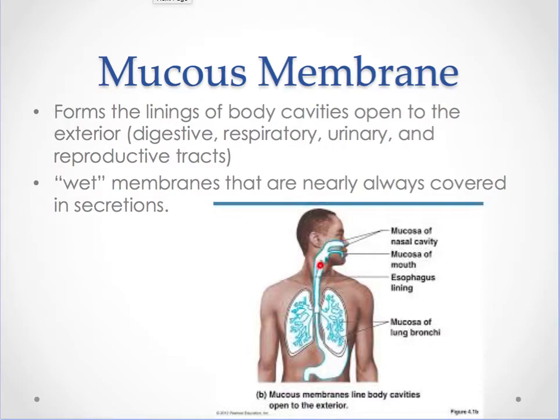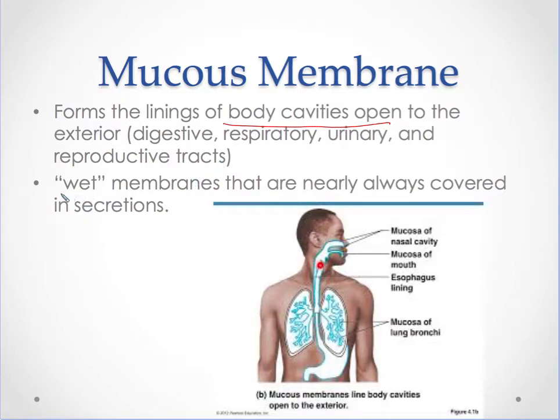Your next membrane is called your mucous membrane. Your mucous membrane forms a lining of what we call open body cavities. So if you think back to Unit 1, those open body cavities are lined by a mucous membrane. So your digestive tract, your respiratory tract, your urinary system, and your reproductive system are all lined by a mucous membrane.